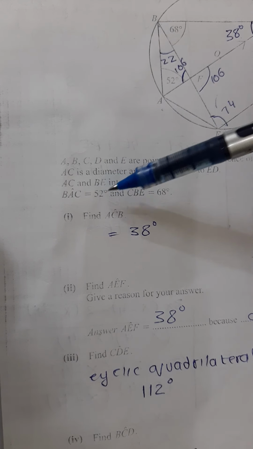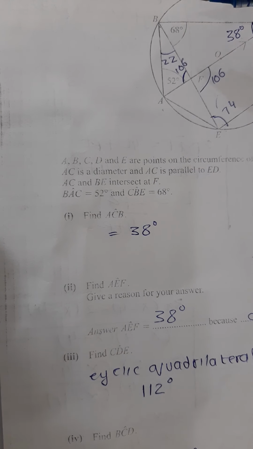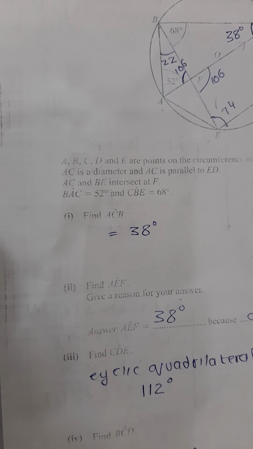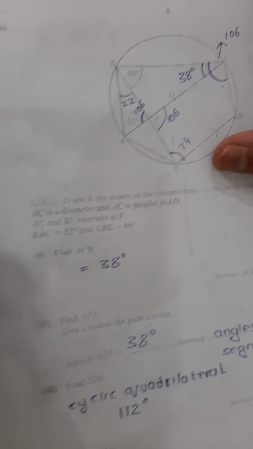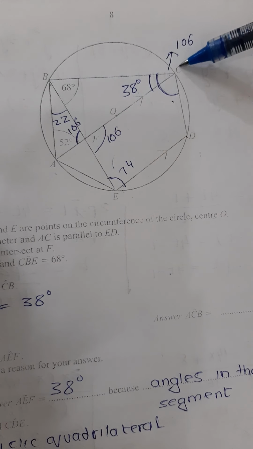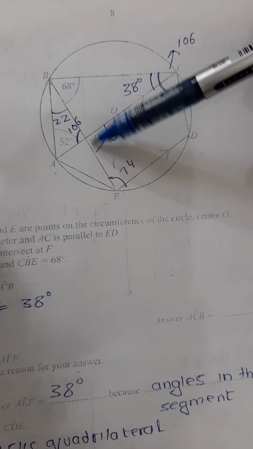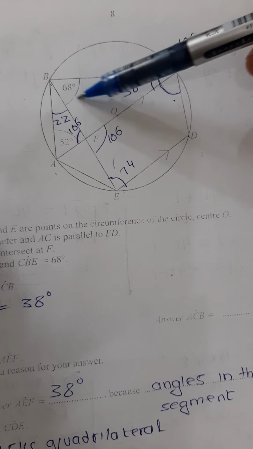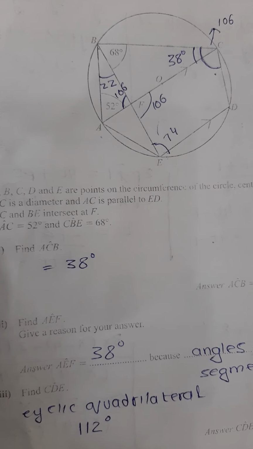Angle BAC is 52, and the other angle given is CBE, which is 68. What is to be obtained? Angle ACB.